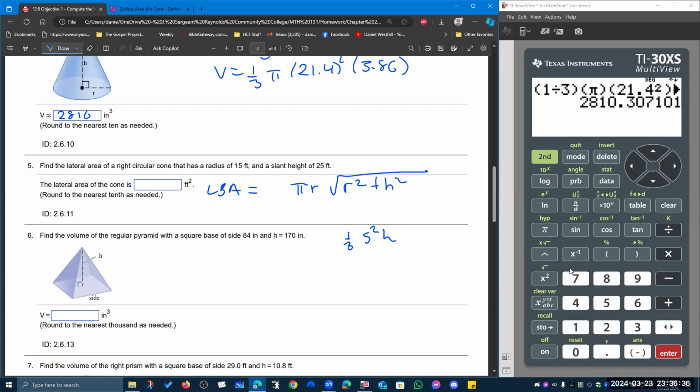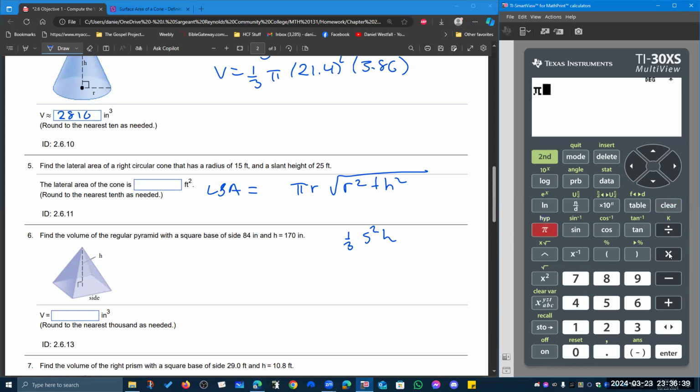Pi times 15 times the square root of 15 squared plus 25 squared. Oh, excuse me. This is the slant height here, so I don't need to do that. This is 25.